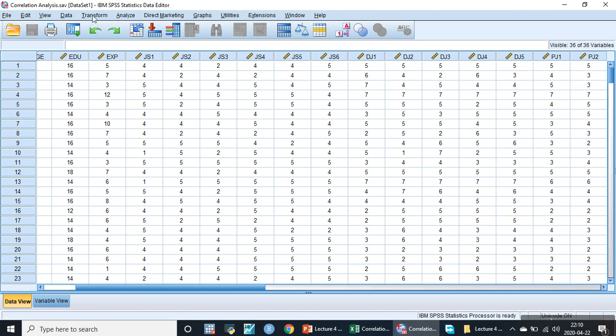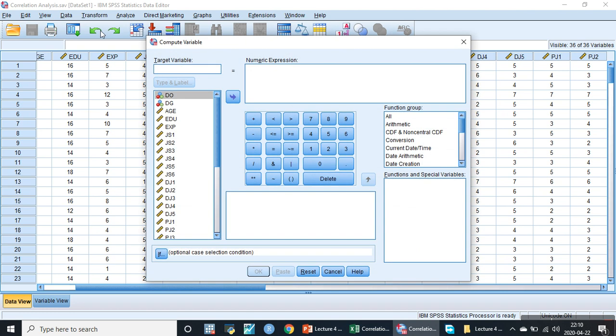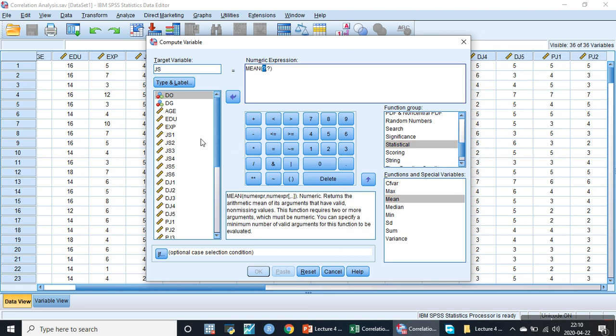We will go to transform, compute variable, and in the target variable we will write the name JS mean, the mean value of the job satisfaction. In the function group we will click on statistical, then we will click on mean, and then we will shift all these questions one by one.